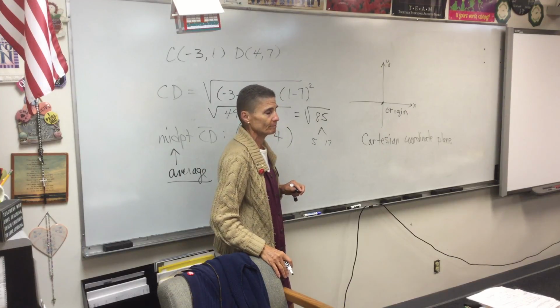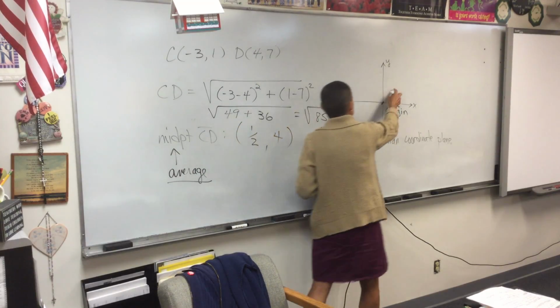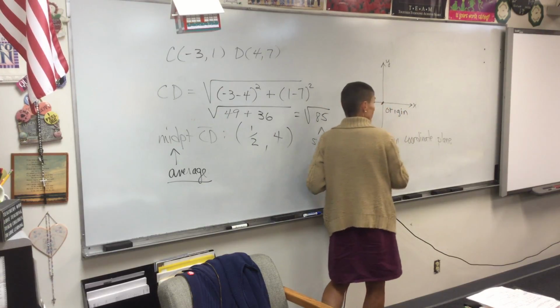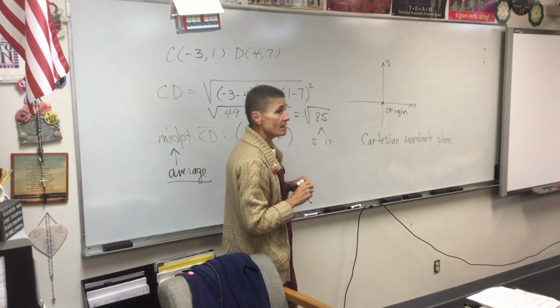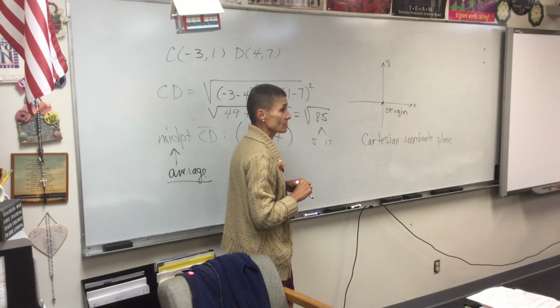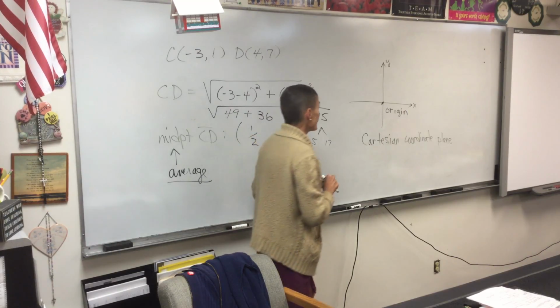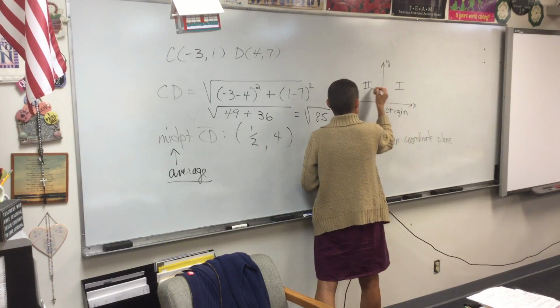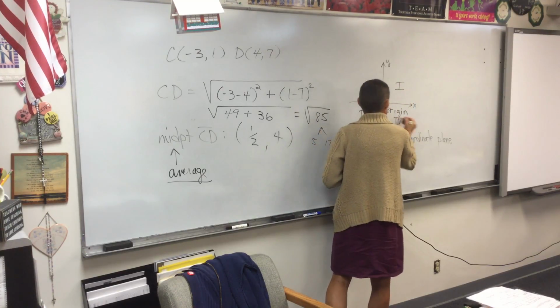That's called the origin. What are these 4 sections called? The word 4 is kind of a hint. These 4 sections are called quadrants. And we label the quadrants so that we can talk about them. And we label them with Roman numerals. This is quadrant 1, here's 2, here's 3, and here's 4.